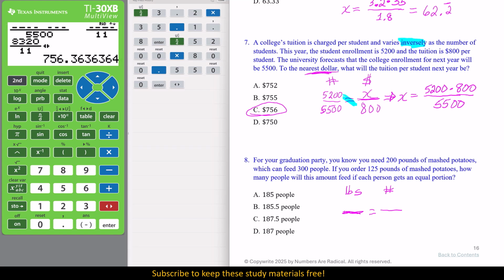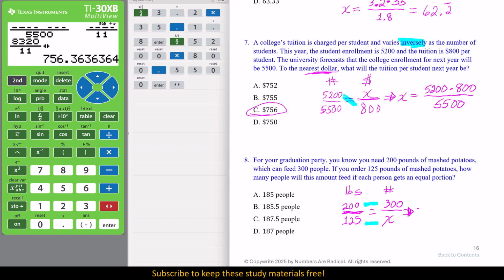Okay, so if it's directly, then we know that we're going to have this situation. Okay, all right. So, number of people. Well, they're saying you had 300 the first go round. We knew about that. And for those 300, we had 200 pounds. Okay. And then they said, okay, what if we went down to 125 pounds? So come over here and write the 125. This means the X goes here.